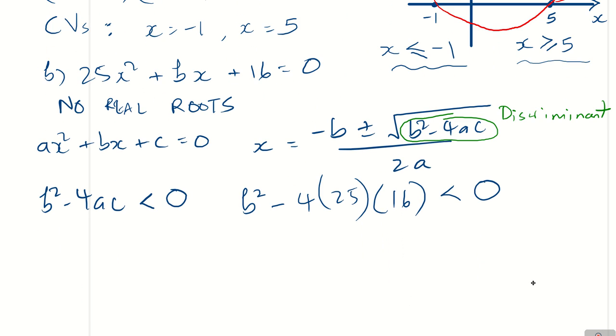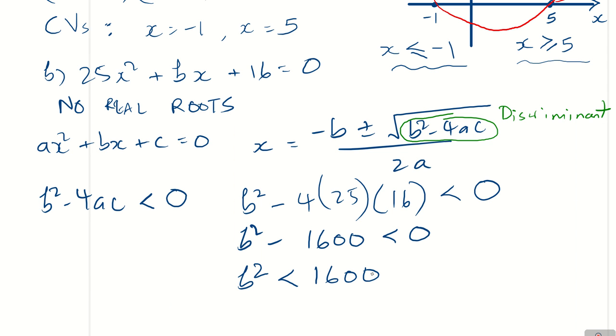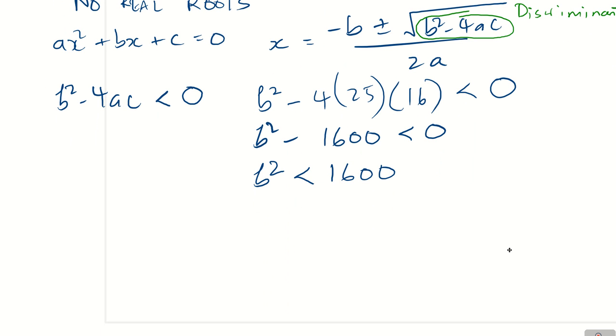Okay, so b squared minus 25 times 4 is 100, 16 times 100 is 1600, is less than 0. So in other words, b squared has got to be less than 1600.